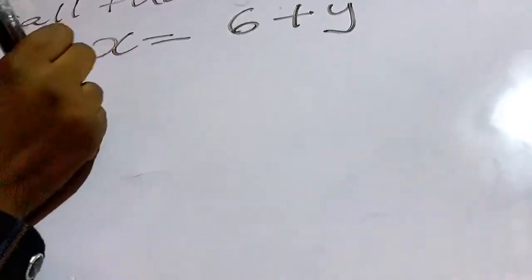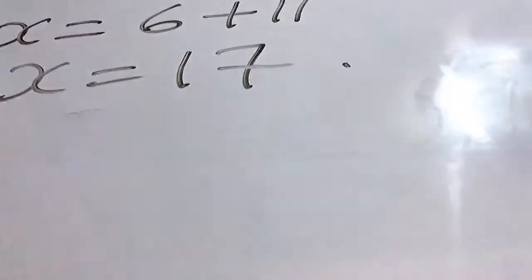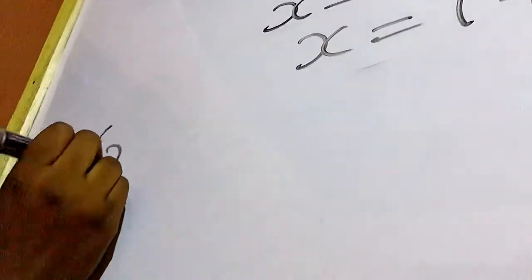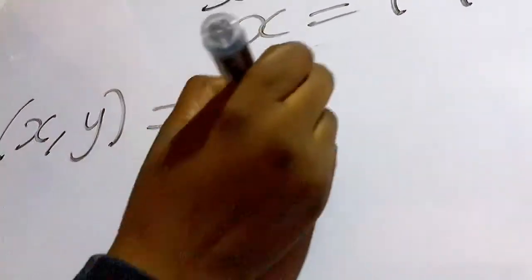So that means x is equal to 6 plus 11, and x is equal to 17. And they ask us to write their ages in the form x, y. So their ages will be 17, 11.